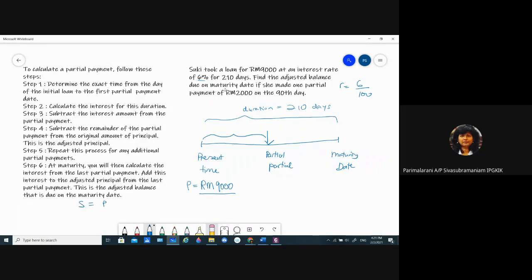Simple amount is P into 1 plus RT. P is 9,000 into 1 plus R is 6 over 100. T is 210 over 365, right? But in this case, to make my calculation easier, I'm going to use banker's method. So I'm going to divide it by 360.